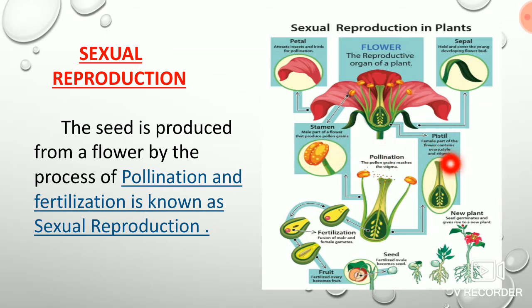Pistil. Pistil is the female part of a flower, combining ovary, style and stigma. The stamen and pistil are involved in the pollination and fertilization process, which helps the seed to develop into a plant.